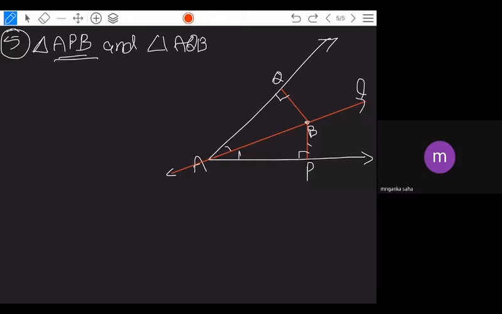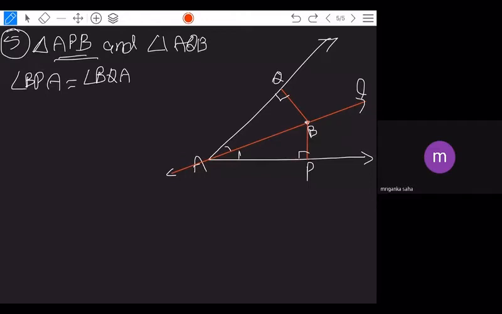So angle BPA is equal to angle BQA. In this triangle BPA and in this triangle BQA, these two are equal. So why are they equal?